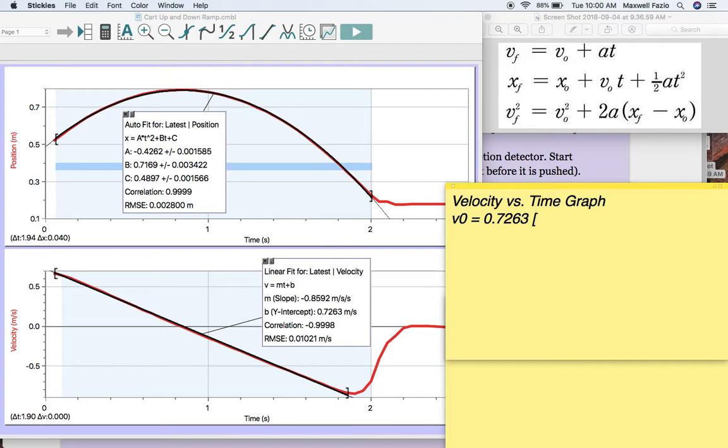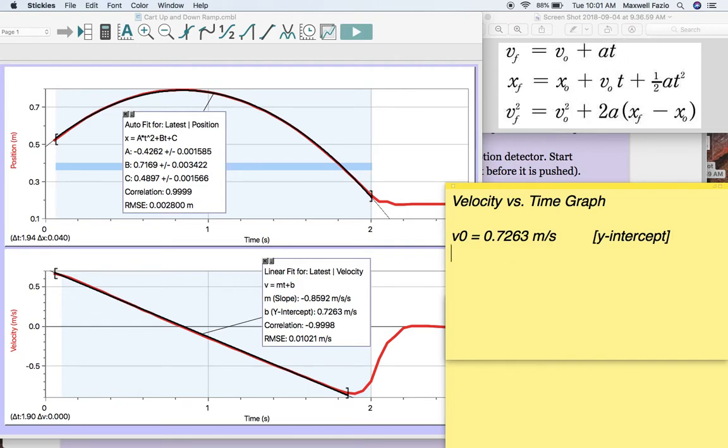That is the y-intercept of this graph. And it does have units, so I should write them down. Meters per second. Now the slope of this graph, this value right here, is the acceleration value, right? Because that's the coefficient that's being multiplied by time.